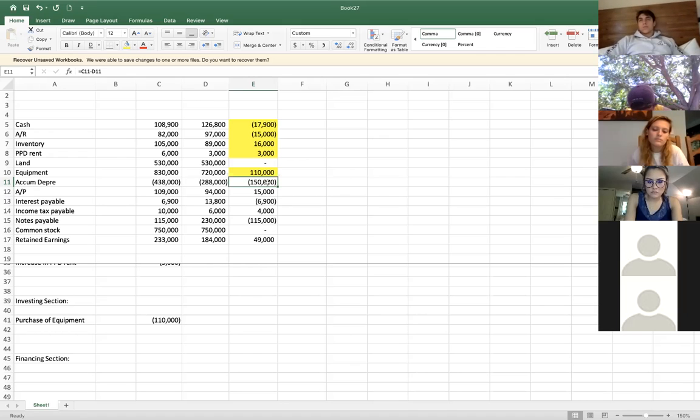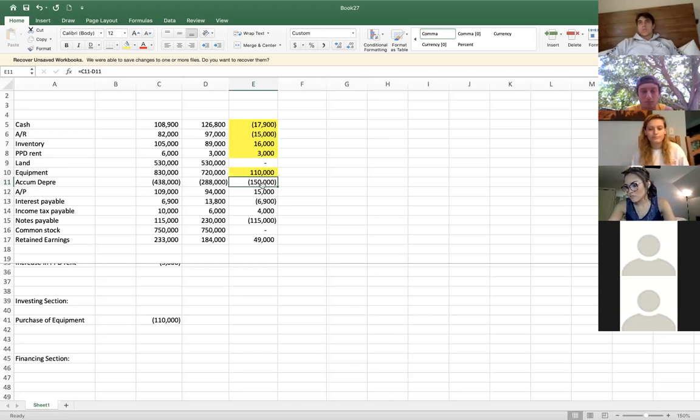When something depreciates. Good. When you debit depreciation expense, right? What did it tell you depreciation expense was? Look at number 3 in the additional information. 150,000. Right, it says depreciation expense is 150,000. Did you need number 3? Did you need that information?